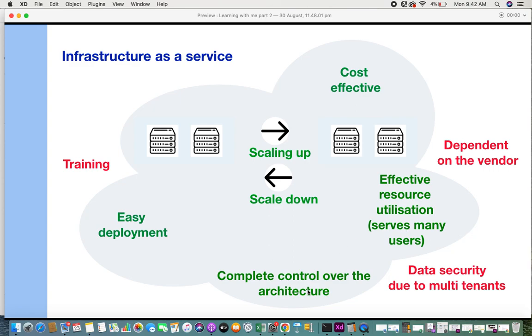Also, there is complete control over the architecture. Businesses using infrastructure as a service make use of these resources while having complete control over their architecture.